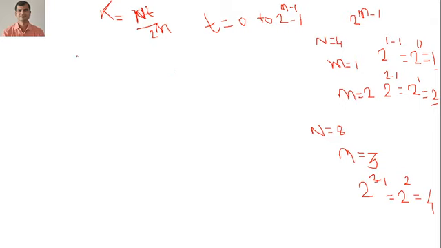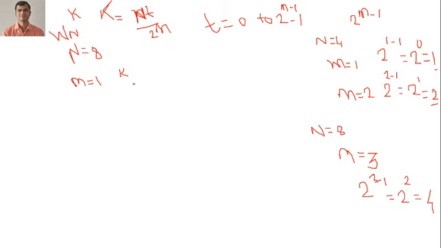Let me tell you for capital N equals 8, so it will be more clear. Here capital N equals 8, and you consider first the stage index as 1. If I am considering stage index m equals 1, the twiddle factor exponent is known as W_N^k. This is the twiddle factor exponent, W_N to the k.